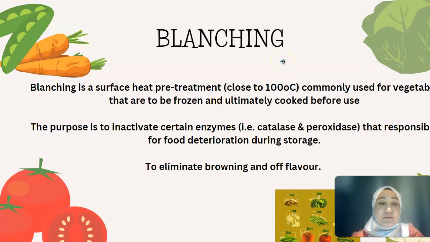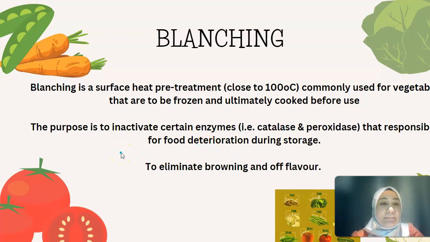For the definition of blanching, blanching is actually a surface heat pre-treatment at close to 100 degrees Celsius, commonly used for vegetables or fruits that are to be frozen and ultimately cooked before use.